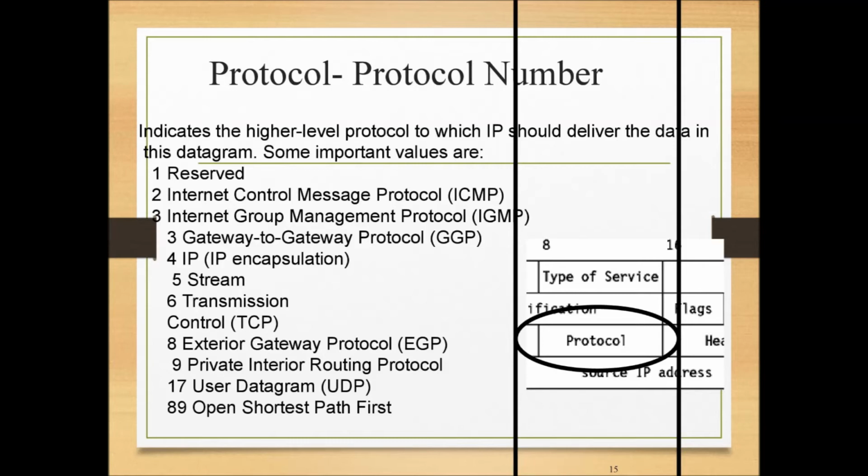Some important values are: every protocol contains a specific value, and you can see different values of different protocols over here. 1 is reserved, 2 is for ICMP, 3 is for IGMP, 4 is for IP encapsulation, 5 is for stream, 6 for TCP, 8 for EGP. 9 is for private interior routing protocol, 17 is for user datagram protocol, and 89 is for open shortest path first, OSPF. So these are different values which are assigned to different protocols.